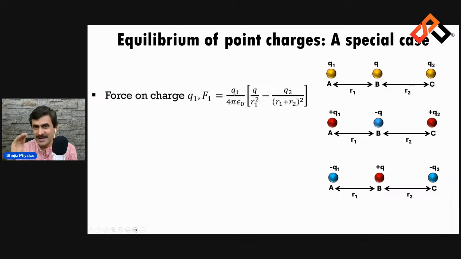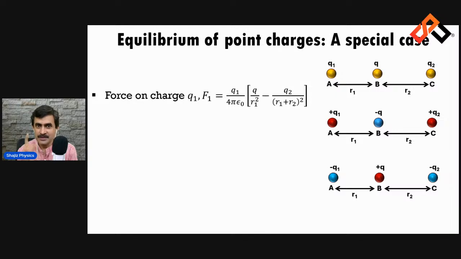Combining, the net force is 1 by 4 pi epsilon 0 into Q1 Q by R1 square minus 1 by 4 pi epsilon 0 into Q1 Q2 by R1 plus R2 the whole square. Okay, so we have taken out the common factor Q1 by 4 pi epsilon 0. Then the remaining part we put inside the bracket: Q by R1 square minus Q2 by R1 plus R2 the whole square.